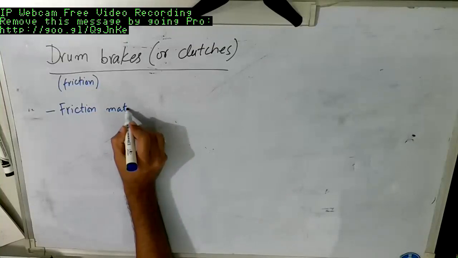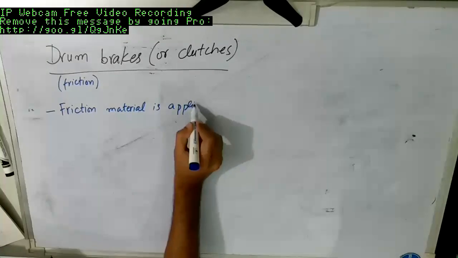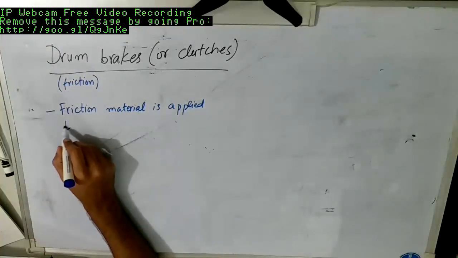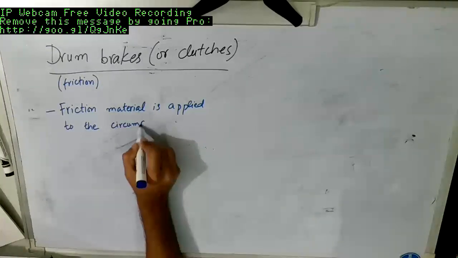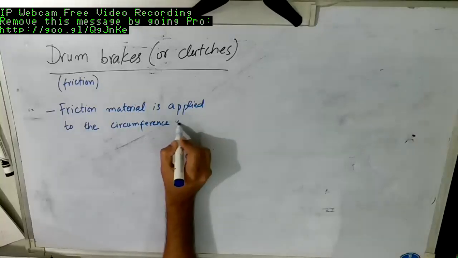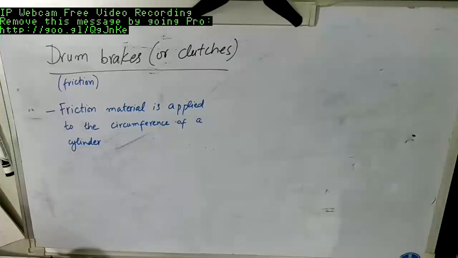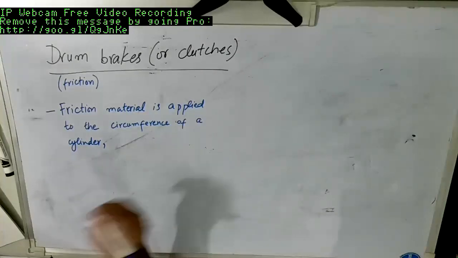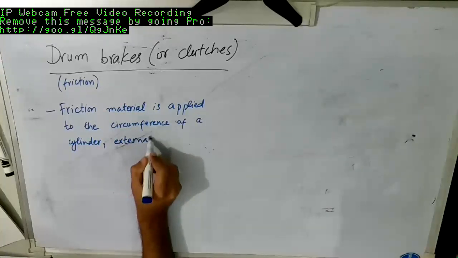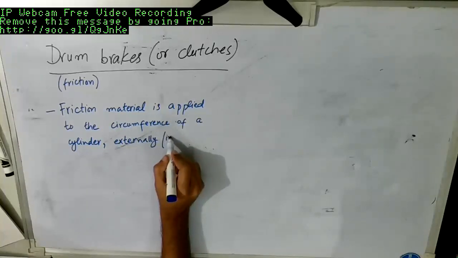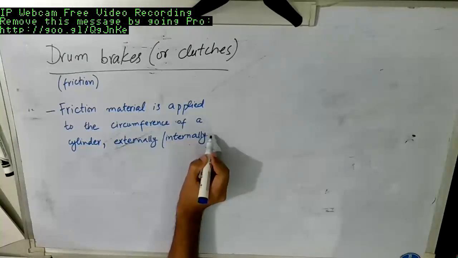So the friction material is applied to the circumference of a cylinder, and it can be applied externally or internally to the circumference. So externally or internally, both types of variations exist.